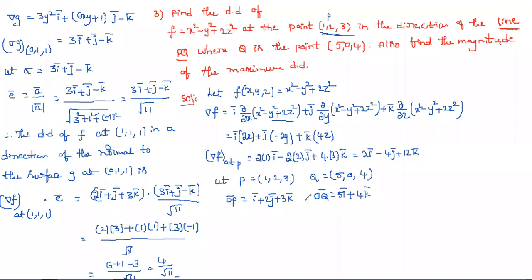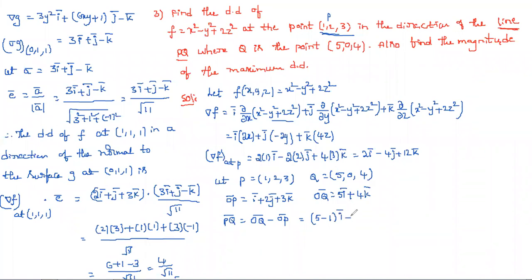I require the line PQ, right? Very good. So the PQ line is nothing but OQ bar minus OP bar. From this we need to subtract them. The i coefficient in OQ is 5, and minus 1 into i.